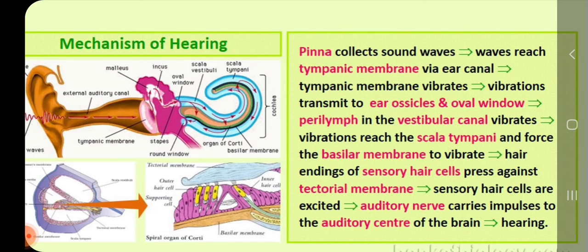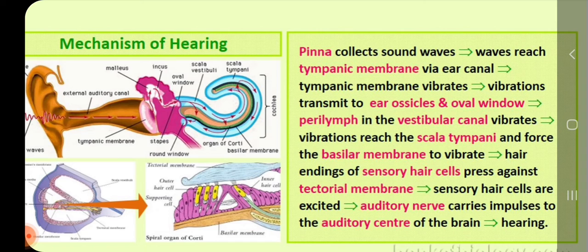As I said, the external ear consists of the ear pinna, which is the one that collects the sound waves. Those sound waves are collected by the ear pinna and made to move inside to the eardrum. This eardrum vibrates in response to the sound waves.